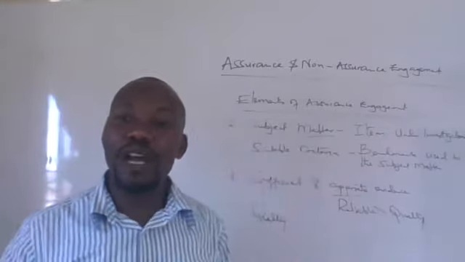Another thing that determines the sufficiency or the quantity of the evidence that you're collecting is probably the amount of population. Population is the totality of the subject matter, or totality of the items under investigation. If you are auditing payroll, then the whole personnel in that payroll is the population.